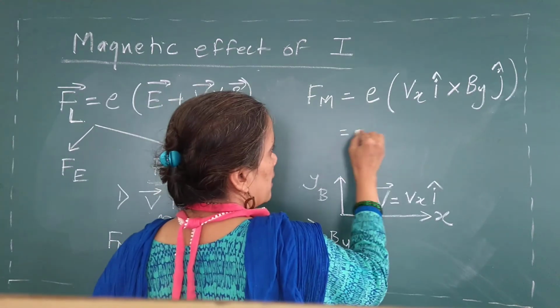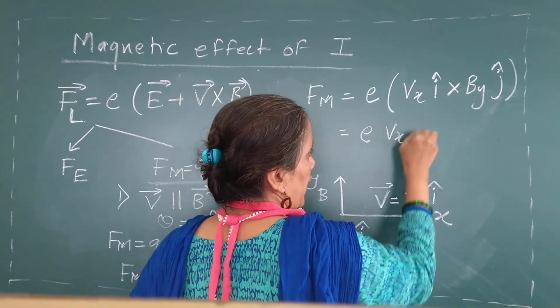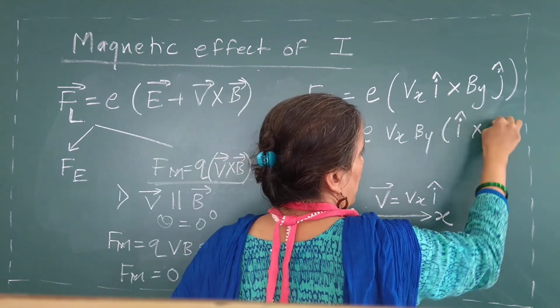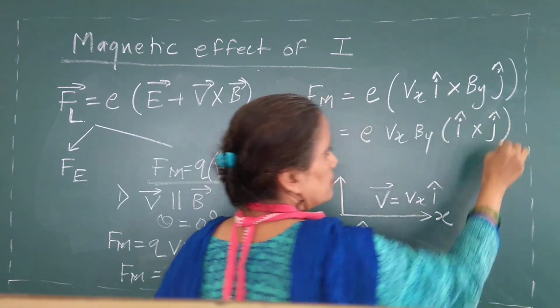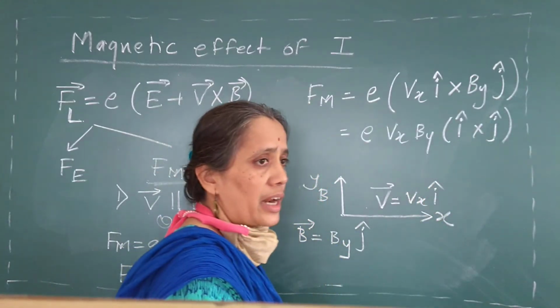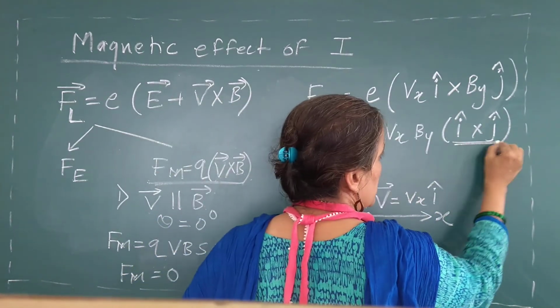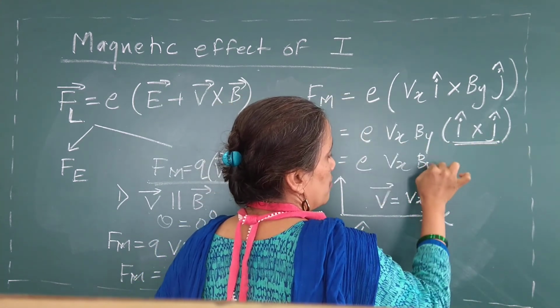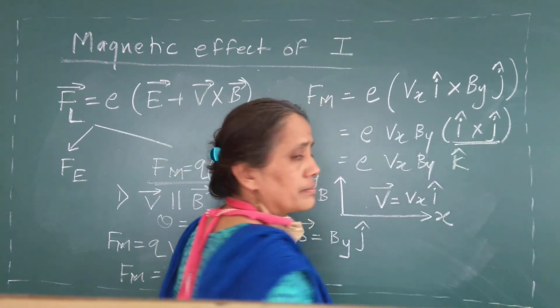Means what am I getting here? e vx vy into bracket unit vector i cross unit vector j. And in 11th standard we have seen that unit vector i cross unit vector j is equal to unit vector k.